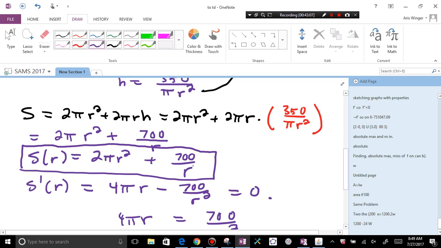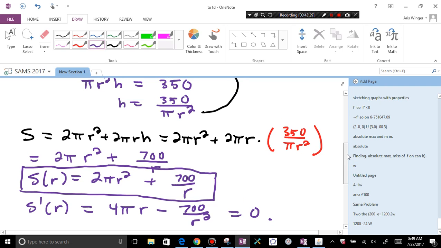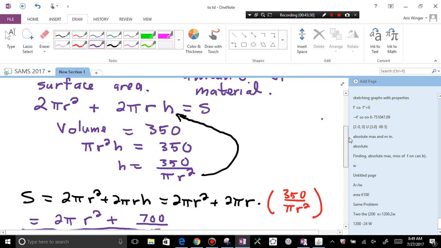This is saying, well, I could make the radius small or large. When the radius is really small, what happens? Right, it gets bigger. And when the radius is really large, it gets bigger, right? So that means that there's a minimum somewhere in between. Questions on that?